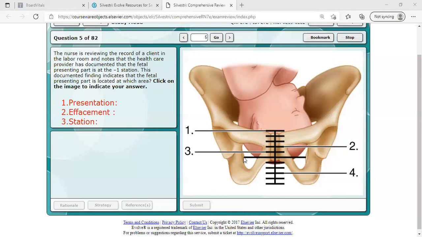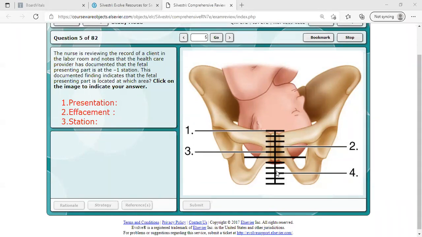And these two are called the ischial spines. Just imagine an imaginary line drawn along the two ischial spines. The station number is one of the signs of progression of labor. In that area it would be -1, -2, -3, but in that area it would be +1, +2, +3.